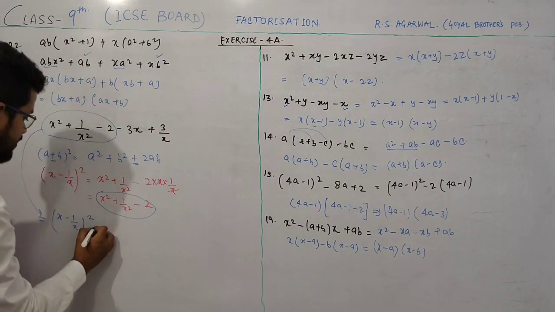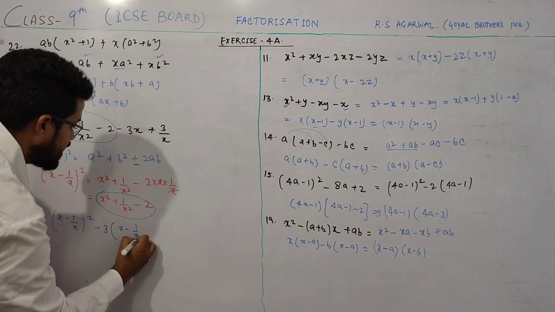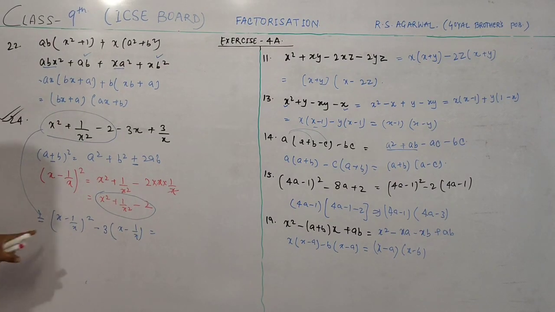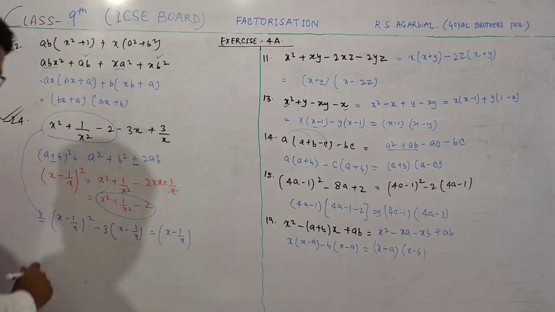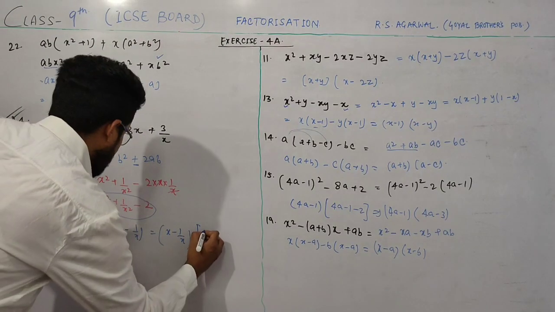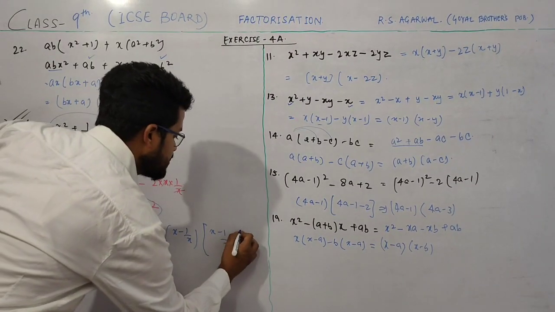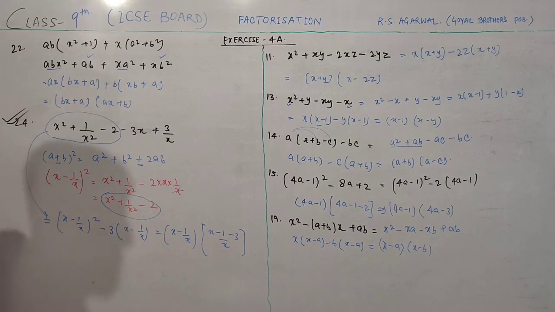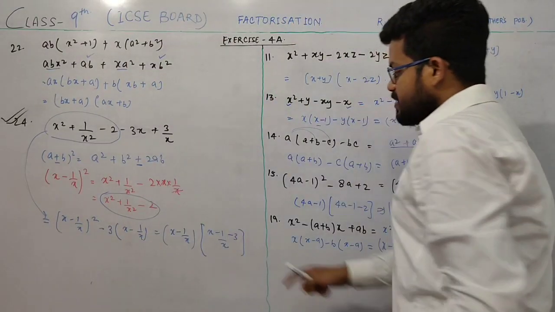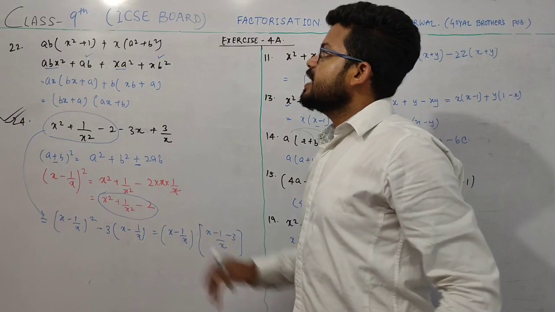So if I take common minus 3 from here, the remaining is x minus 1 by x. Now this is x minus 1 by x whole square, this is x minus 1 by x. So I take common x minus 1 by x, and the remaining is x minus 1 by x, and here this is minus 3. So x minus 1 by x and x minus 1 by x minus 3 are the factors of this expression.